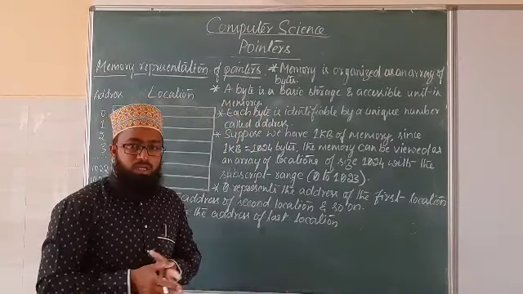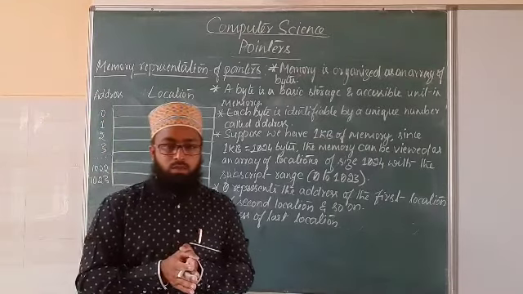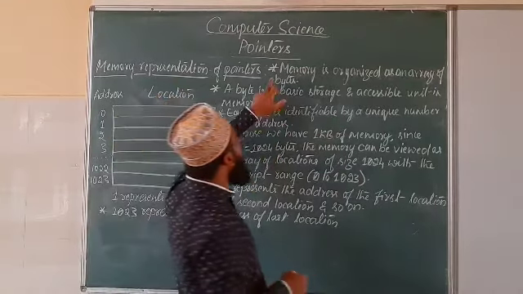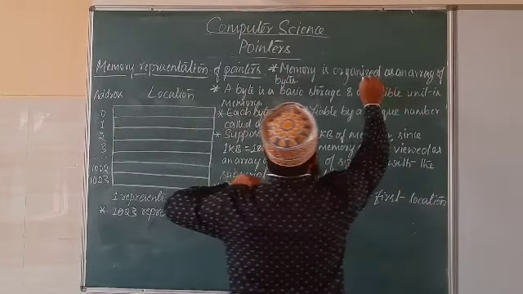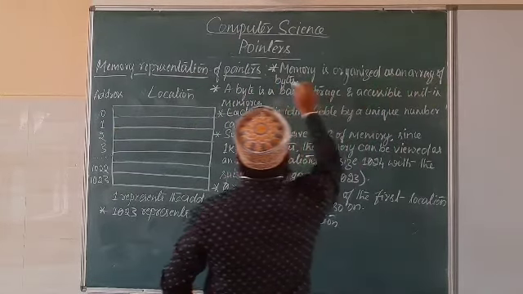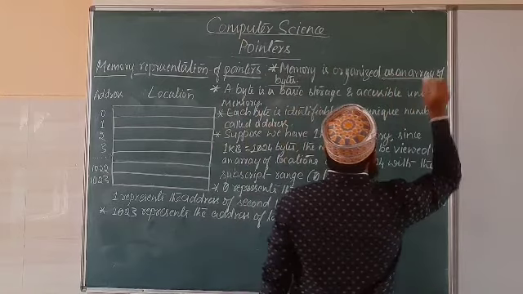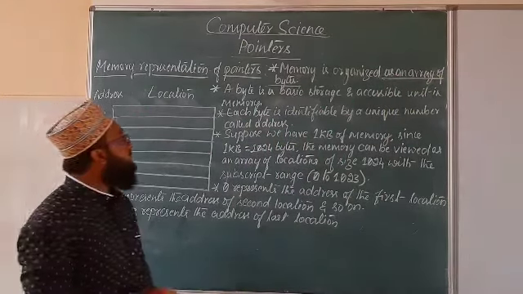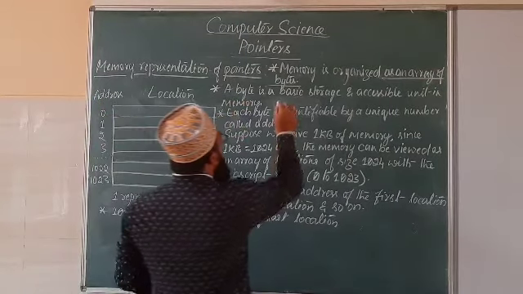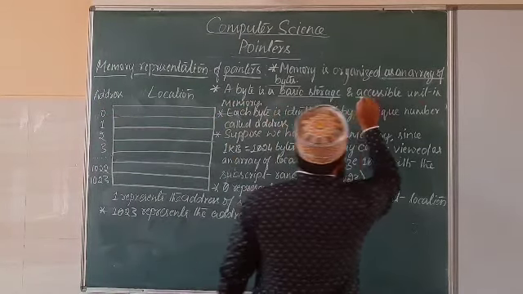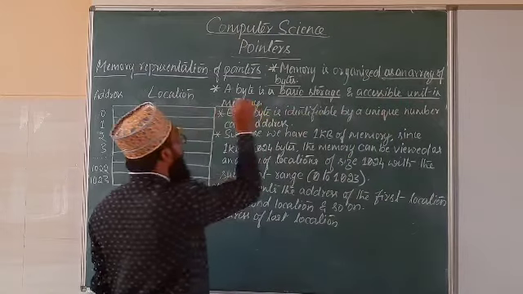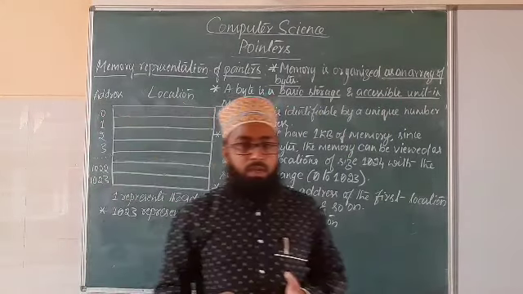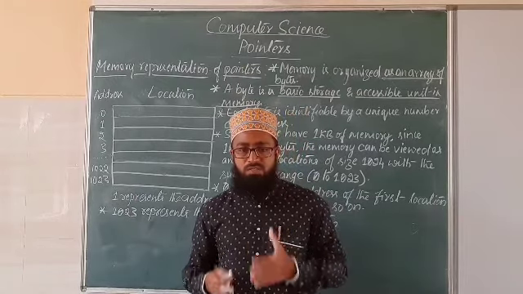Memory is organized in the form of bytes, you know, bits and bytes. So this is the important point: memory is organized as an array of bytes. A byte is the basic storage and accessible unit in memory, and the memory is calculated based on bits and bytes.